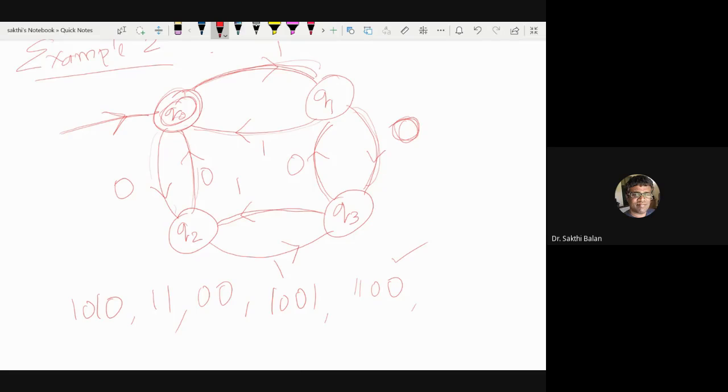And then any other strings you have? 1 1 1 1 0 0 0 0. All these things are accepted. You can check. Any other strings?